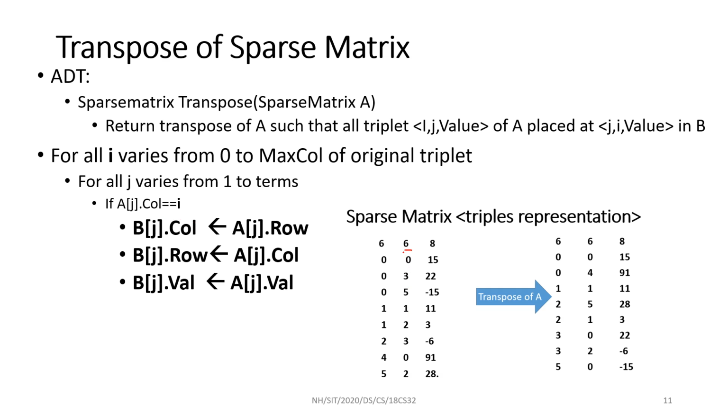In this matrix there are 6 columns, so you have to repeat 6 times. Each time you scan for one column. For column 0, you start scanning from the first row till the last. Then you scan column 1 from here to here. Next you scan column number 2, next column 3, next 4, next 5, like that.